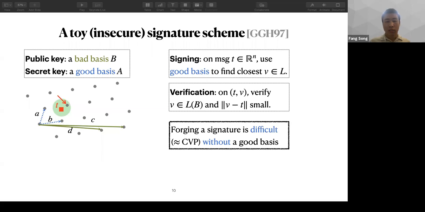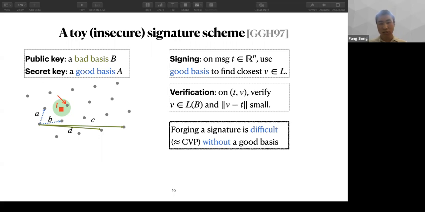Okay, so now the question is, is this secure? Well, apparently, in order to forge a signature, the attacker would need to figure out the closest vector to the message, right? But without knowing a good basis, this seems hard, because this is solving the closest vector problem.